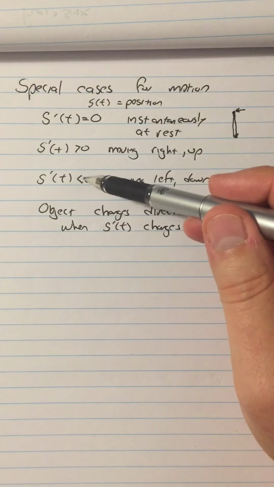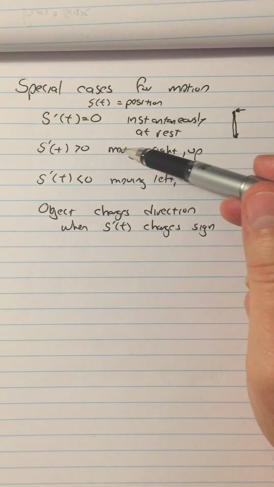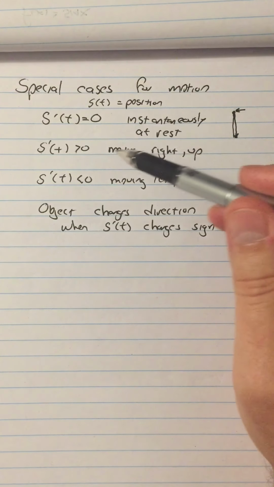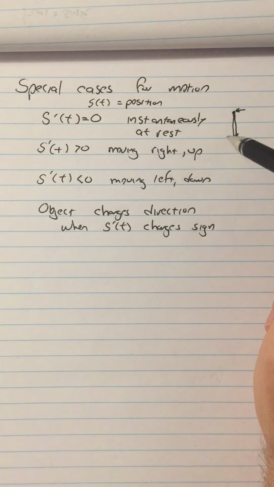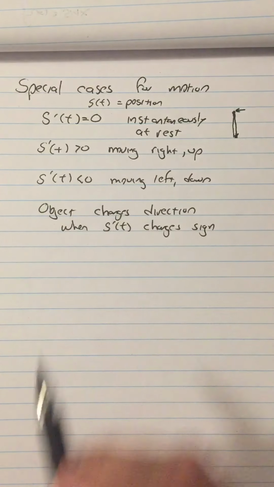If you're moving left, your velocity is negative. So if you're going to change direction from moving to the right to moving to the left, your velocity has to change from positive to negative. Likewise, if you're moving up and then you're moving down, the point where you change direction is where the S prime changes from positive, we're going up, to negative, we're going down. Okay, so that basically follows directly from this.